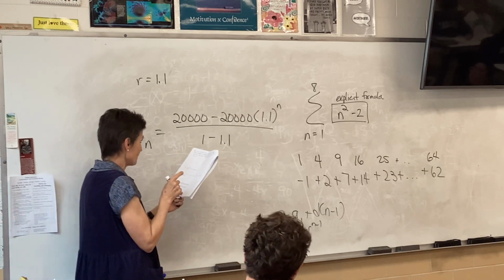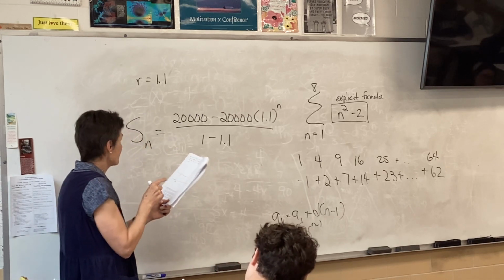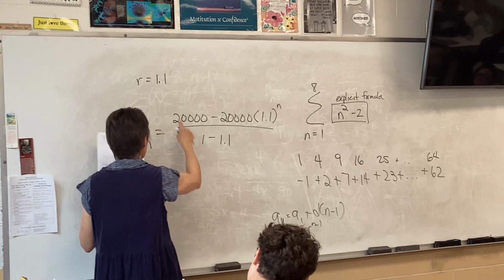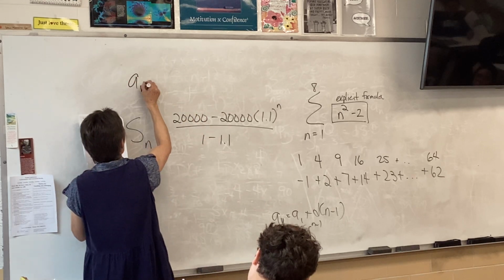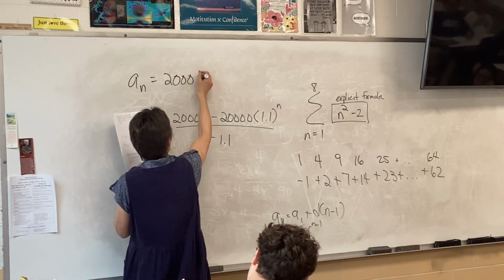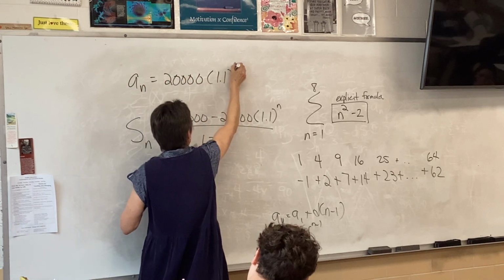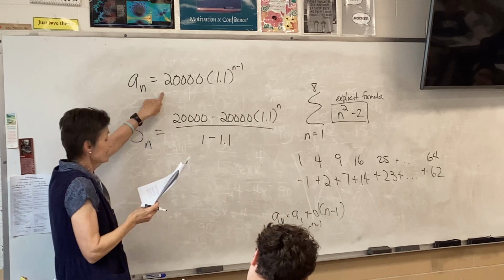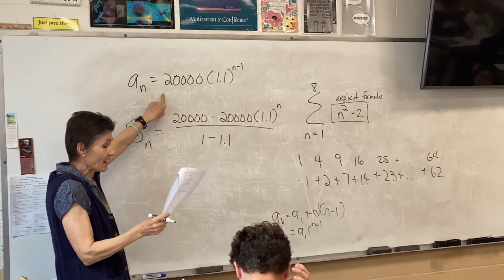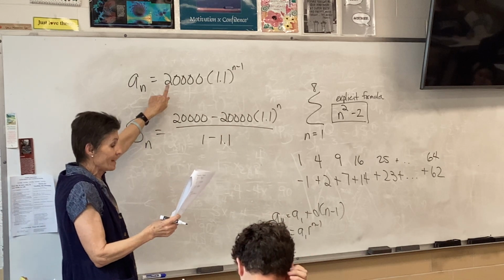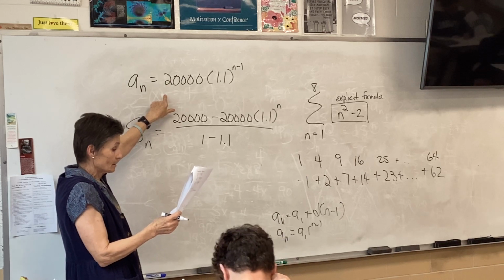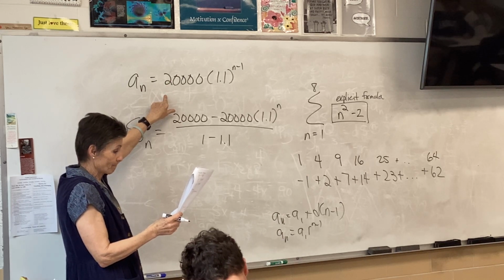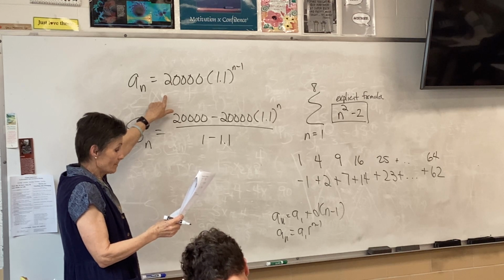I messed up. The term is what I want for that first question: 20,000 times 1.1 to the n minus 1. This is how much money is in the account in 1997, and 1998, and 1999. So that's A. That's B.